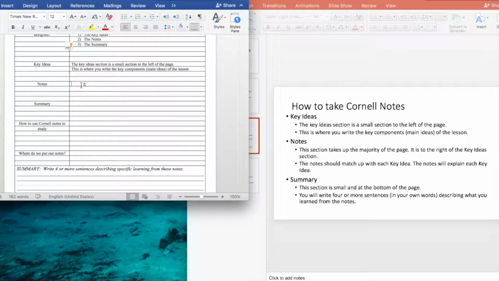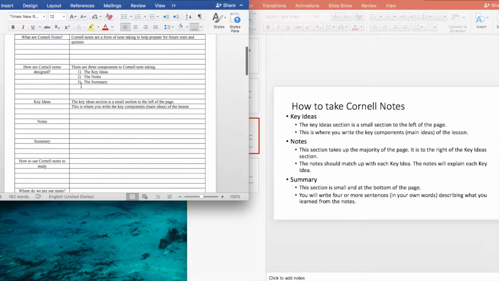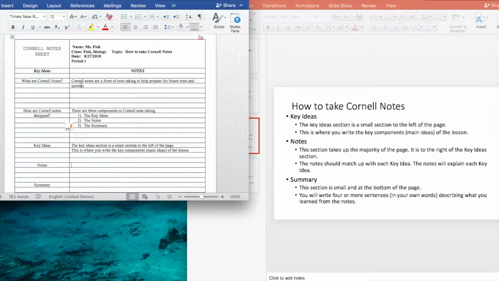Alright, so if you notice on our notes section, even though I had space here to start typing the next section of notes, I didn't. I skipped down to where that key idea was and wrote the notes right next to that key idea. So I made sure they matched.